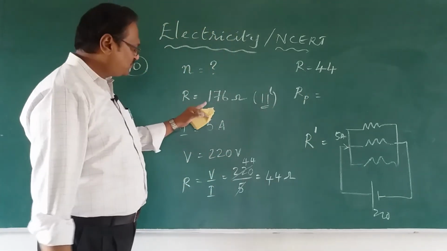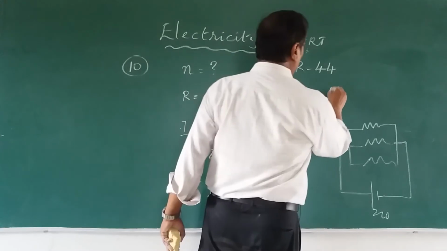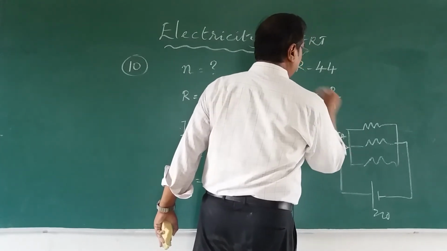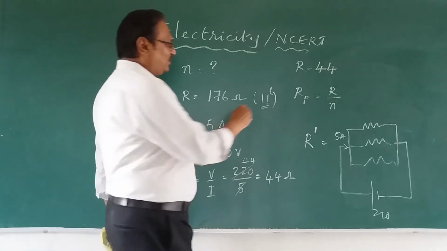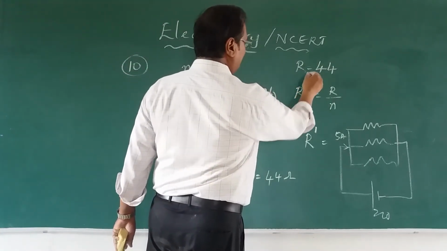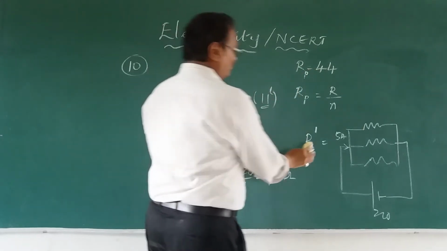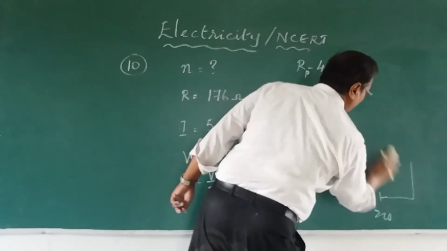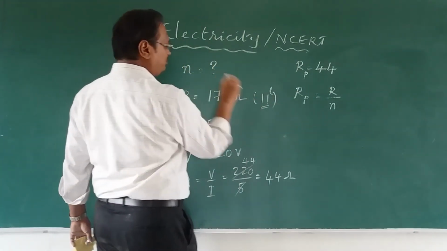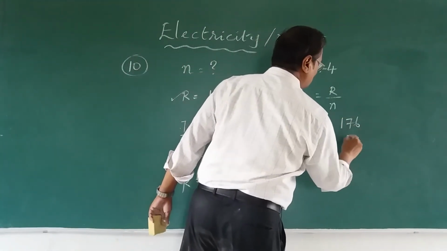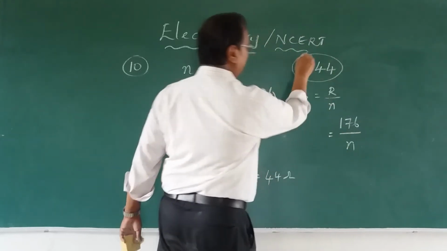We also know the formula for resistors in parallel: N resistors of the same value, just now I said R by N. Now the effective resistance is going to be R parallel. Each one is 176, and the number we don't know, that is equal to Rp.